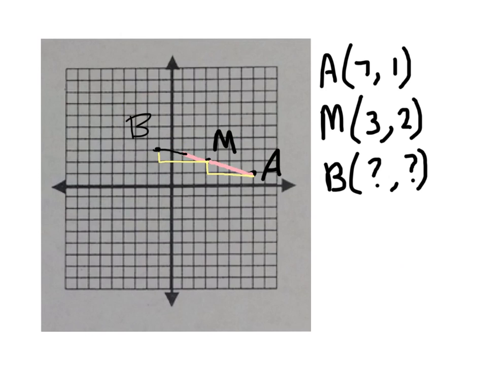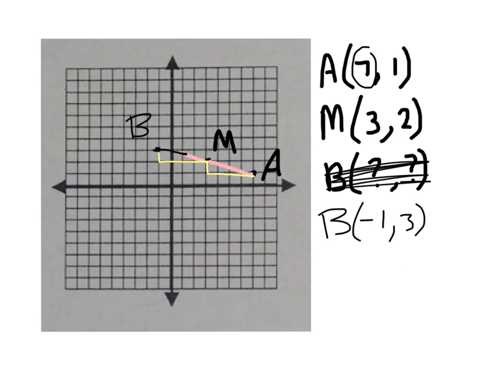See, the location of B would have to be at negative 1, positive 3. You could always check your answer then too by adding the x's together and dividing by 2, and adding the y's together and dividing by 2. So it would be the correct answer.